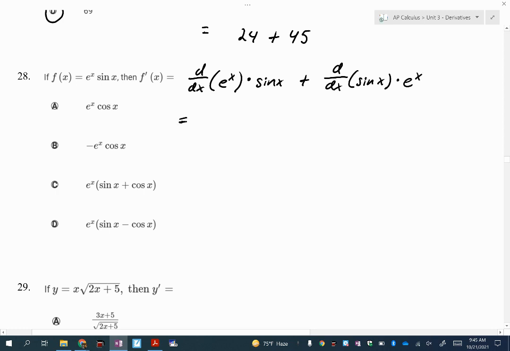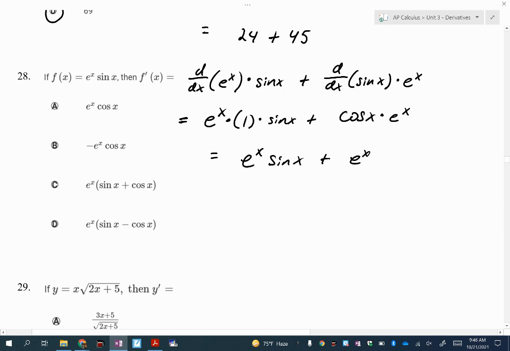So using the formula sheet, the derivative of the natural exponential function is you copy e to the x, whatever it is, times the derivative of whatever's in the power, and the derivative of x is just 1, times the sine of x, plus the derivative of sine of x is the cosine of x times e to the x.